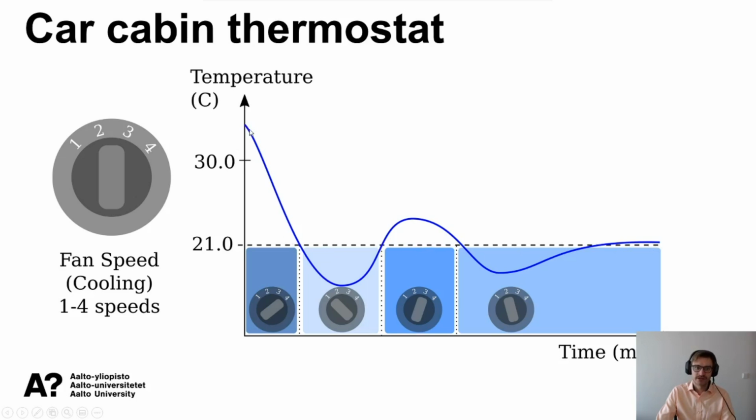Then we have the actual value, which is this blue line. And the thing that the controller tries to do is to minimize the error, so the difference between the reference and the actual value, or temperature in this case. And so rather than you having to be there and switch the fan power all the time, you could have a controller to do that for you.